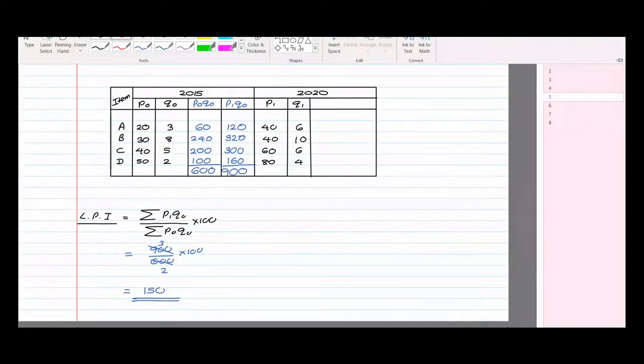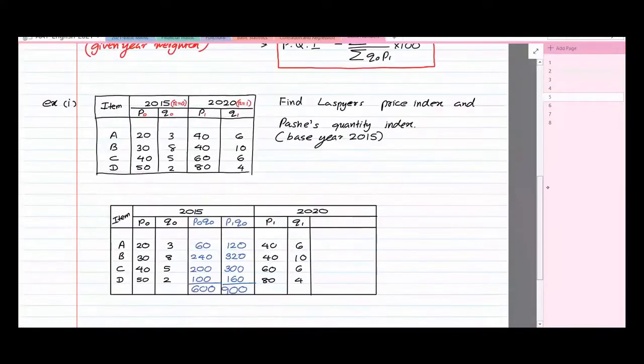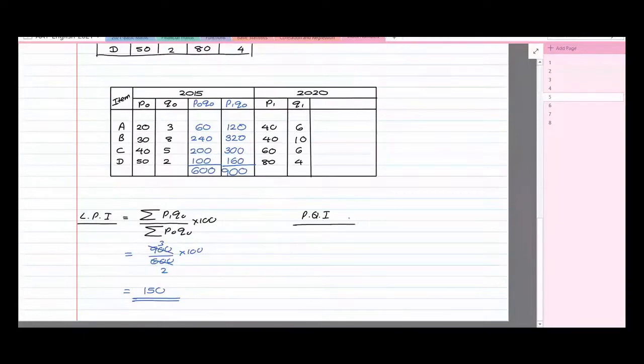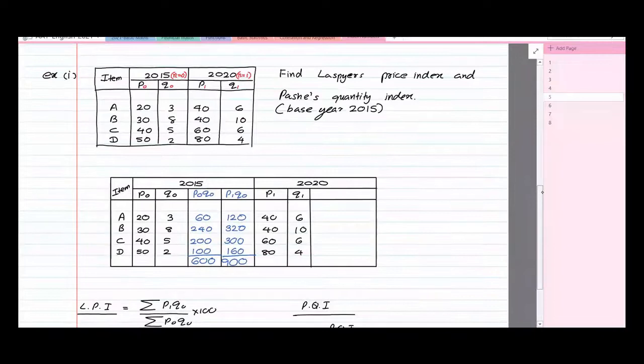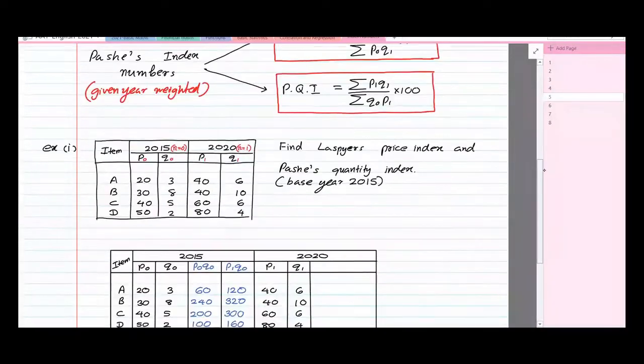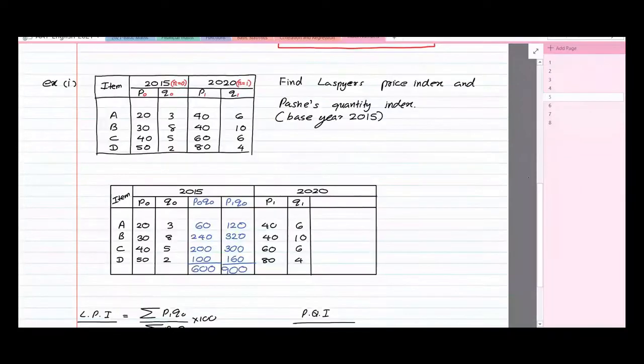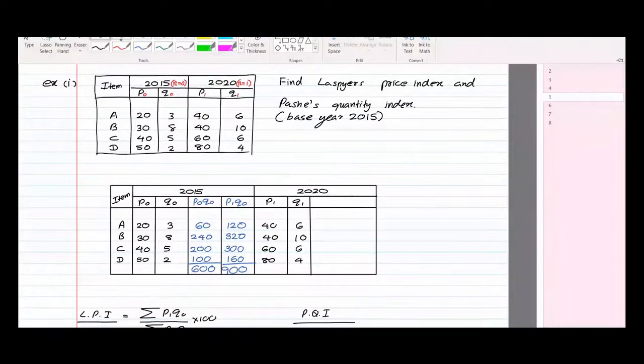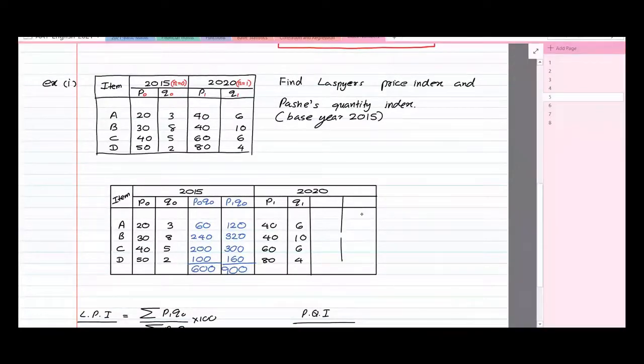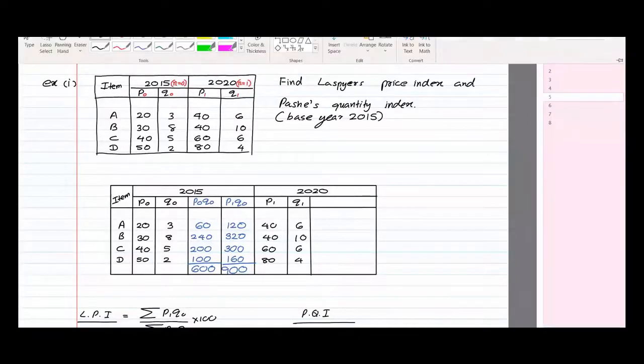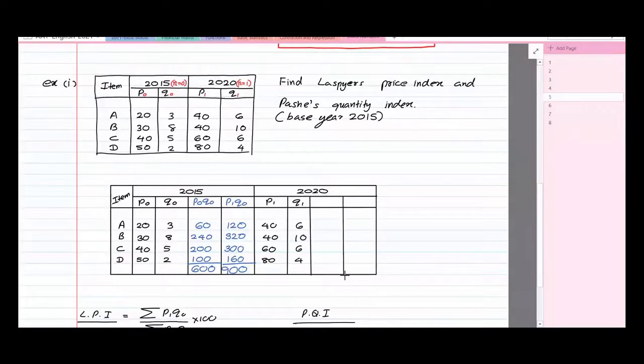Now you are going to find the Paasche quantity index. This is equal to sigma P1 Q1 over sigma P1 Q naught. We need P1 Q1.